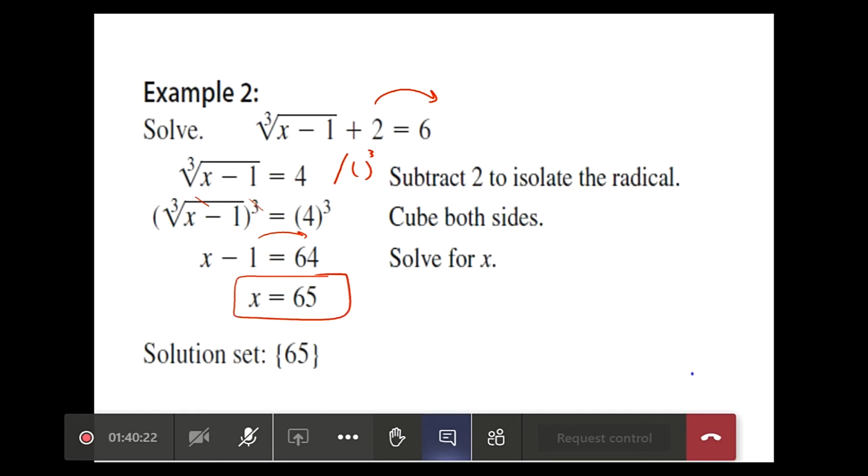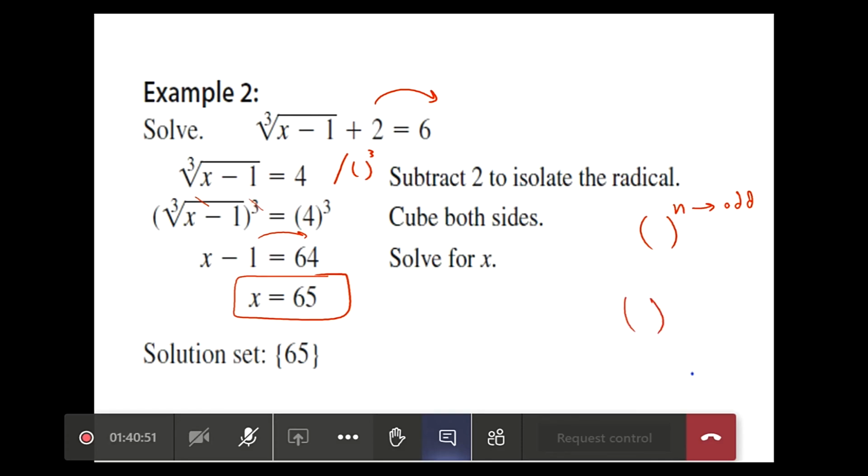Why don't we put plus minus, positive, negative? Why? Here, I don't write positive, negative. It's a cube, yeah. If we have odd, no need to put positive, negative.